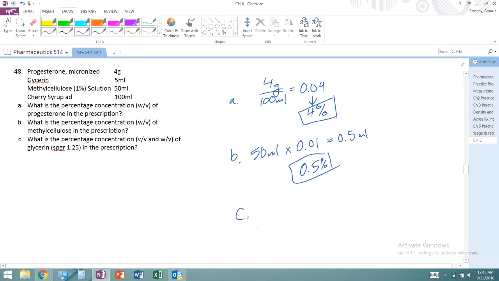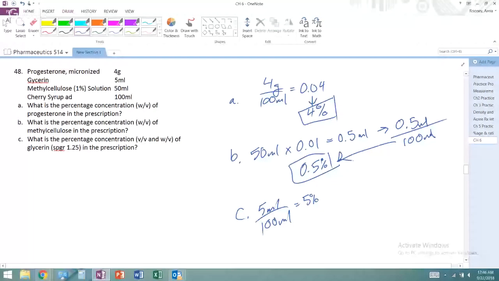And then this one is, what is the percentage concentration of volume per volume and weight per volume of glycerin for the prescription? Well, if it's 5 milliliters, it's going to be 5 milliliters over 100 milliliters, and that one's going to be 5%. It's kind of like this one, where it was 0.5 milliliters over 100 milliliters. I should have probably written that out.